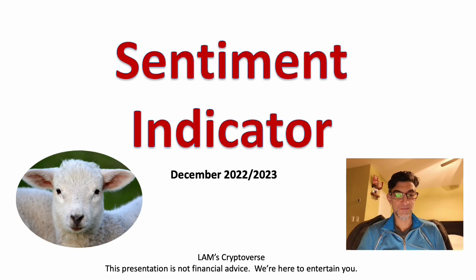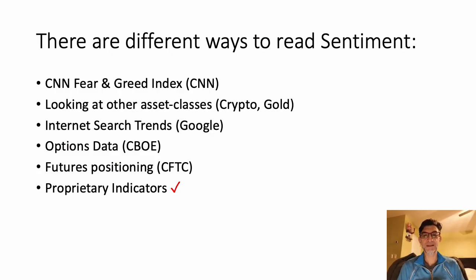So let's get started. And number one, there are different ways of reading sentiment, and you can read this on your own. But there are some I'll go over, some of the ones that everyone knows about, like the CNN Fear Greed Index, and there's the crypto version of that, and there's internet search trends, and then there's the put to call data, options data, and data on futures.